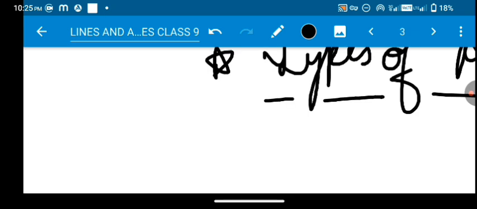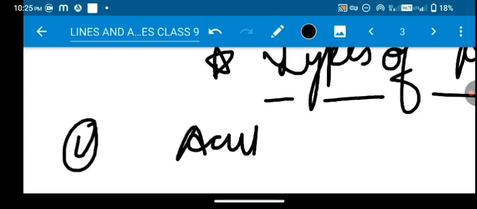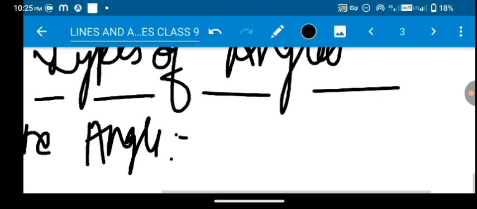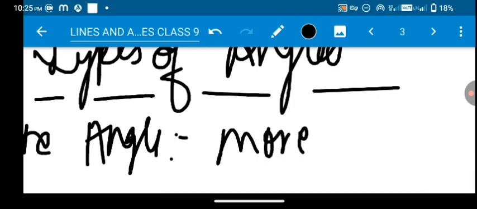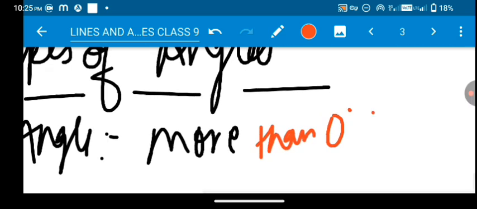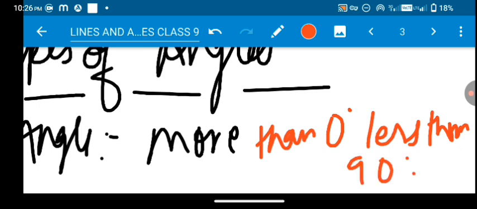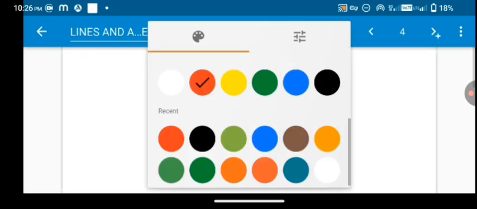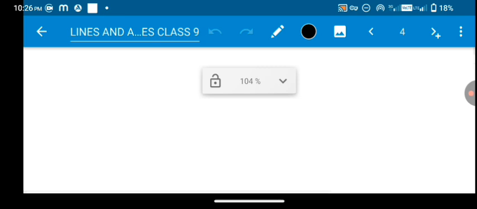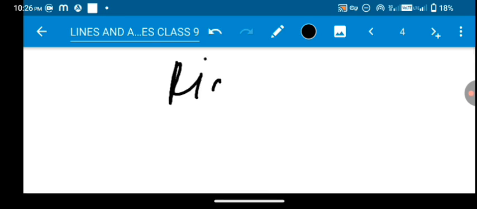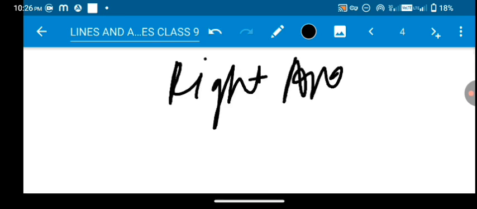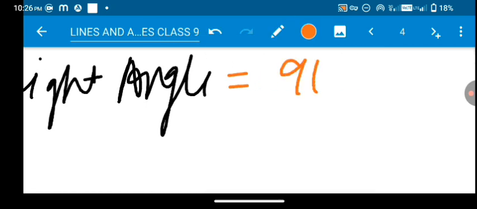First one is acute angle: more than 0 degree, less than 90 degree. Right angle: equal to 90 degree.